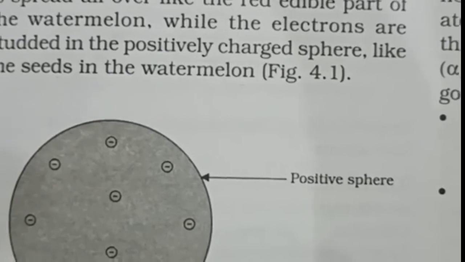As you can see in the diagram on the screen, this Christmas pudding has dry fruits in it. The dry fruits were considered to be the electrons, and the whole remaining part of the sphere was considered as the positive charge.